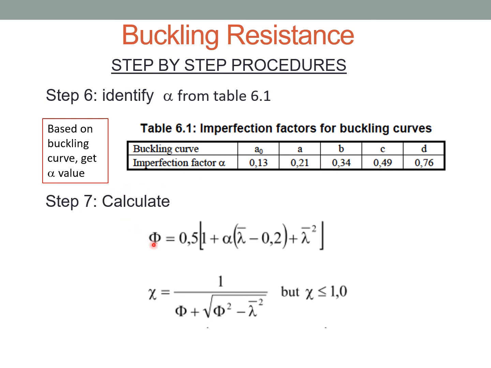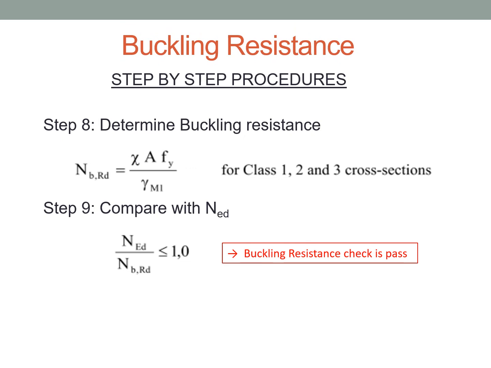Then we can calculate the phi value using this formula, substituting the alpha value and lambda prime value. Once we get the phi value, we can calculate our reduction factor, and we need to check whether the reduction factor is less than 1. It cannot be greater than 1. If you get greater, then our reduction factor equals the limiting value of 1.